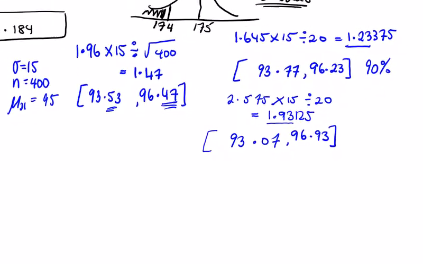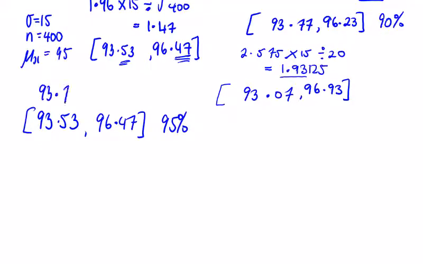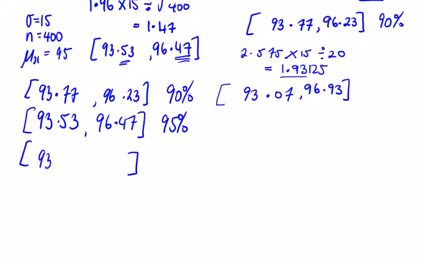Let's line them up beside each other here, and we'll see, can we spot what's going on. 93.53, 96.47: this one was 95. My 90 was 93.77 and 96.23, and my 99 was 93.07 and 96.93.